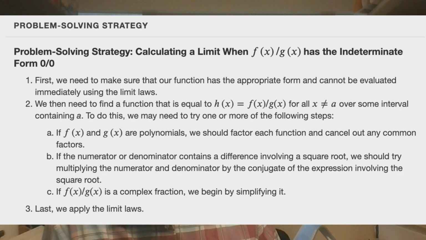If you have a square root in the numerator or denominator, you can try multiplying by the conjugate. Or if you have a complex fraction, you can simplify it into a simpler fraction, and then hopefully things would cancel again, so you won't have a 0 over 0. So those are some basic ideas behind using limit laws to find limits.